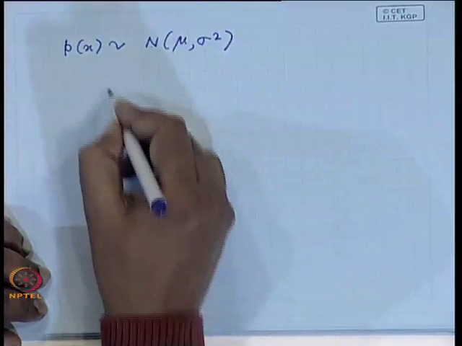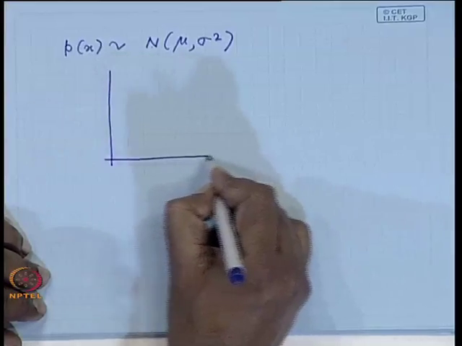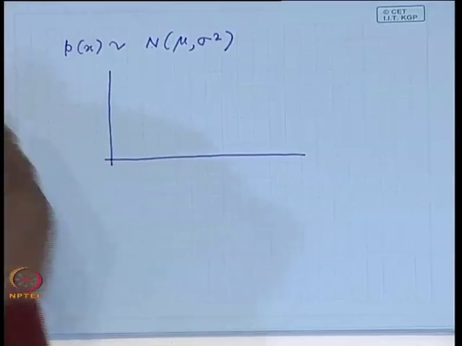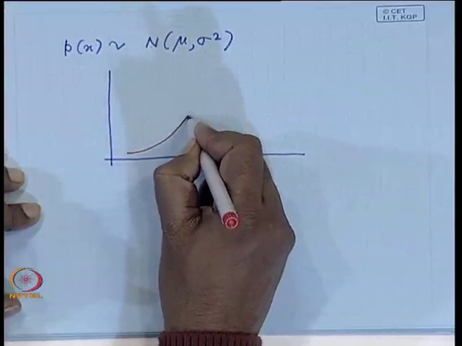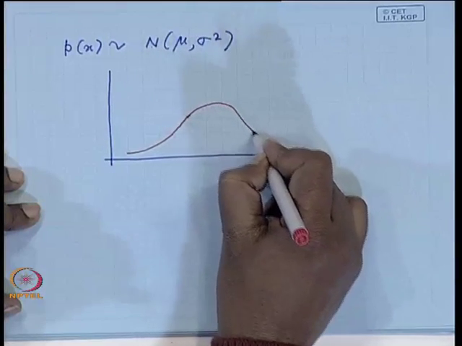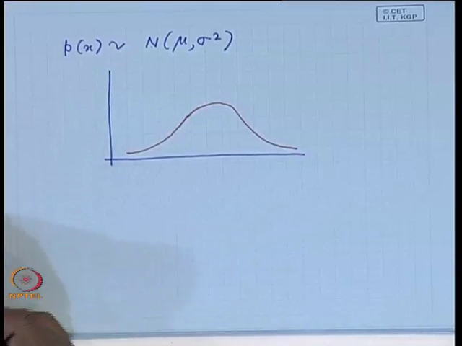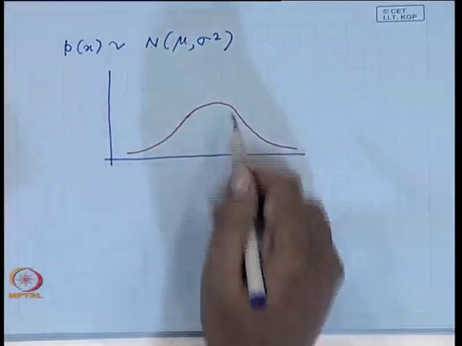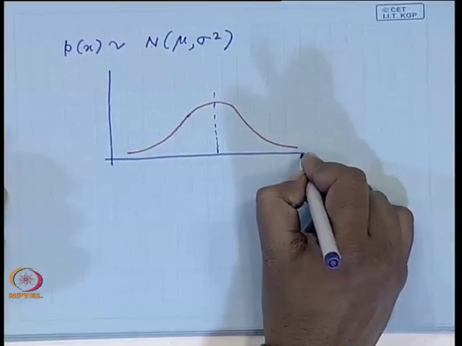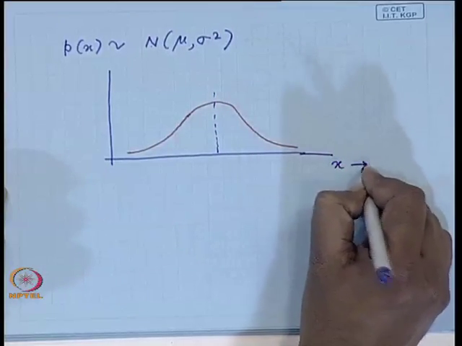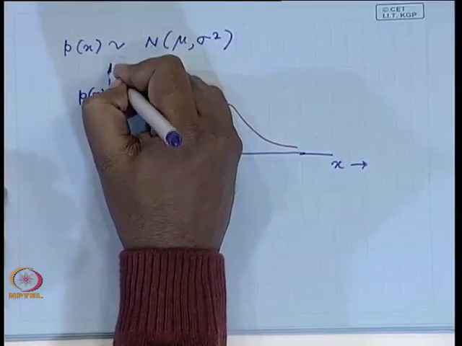If I plot this normal density, the plot will look like this, where the peak is at the mean. I put x along the horizontal direction and p(x) along the vertical direction.